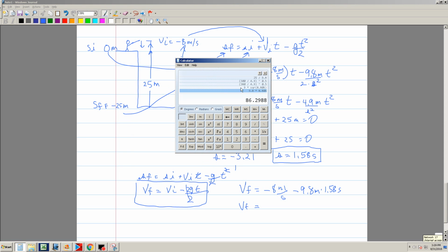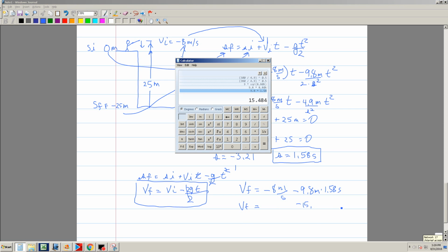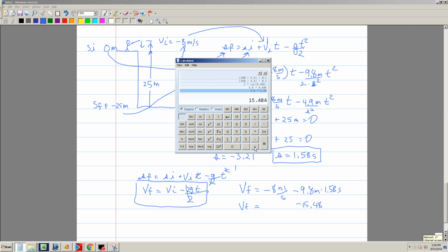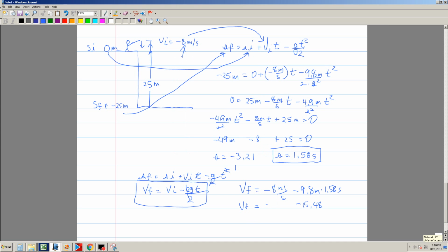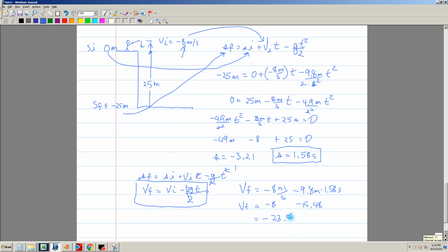Okay. So 9.8 times 1.58, it's going to be negative 15.48, and we're going to add the 8, so you should end up with 23.5 meters per second.